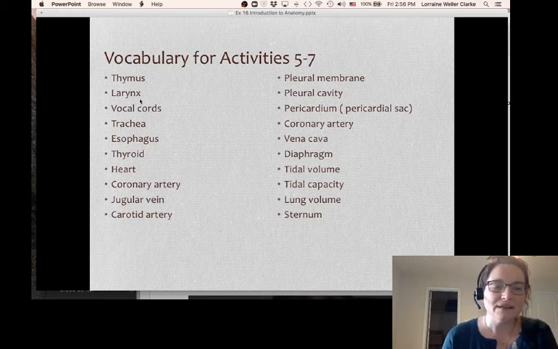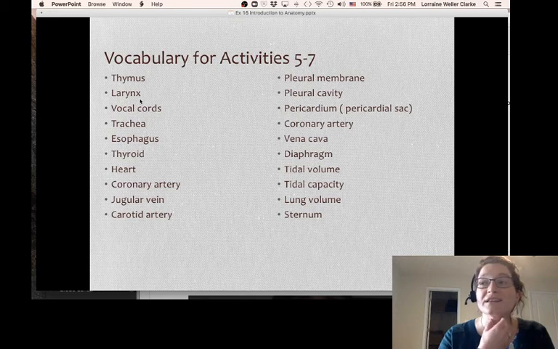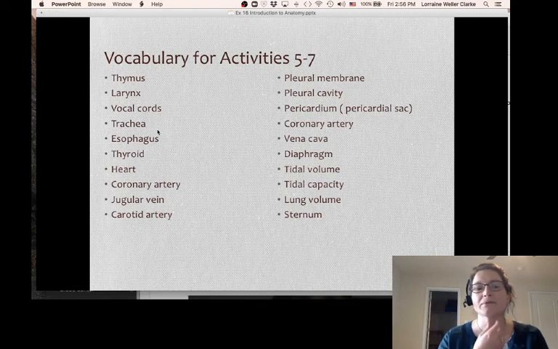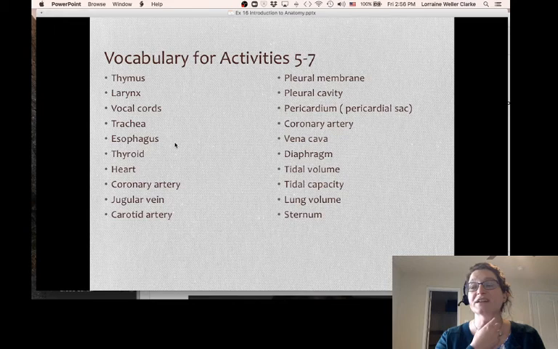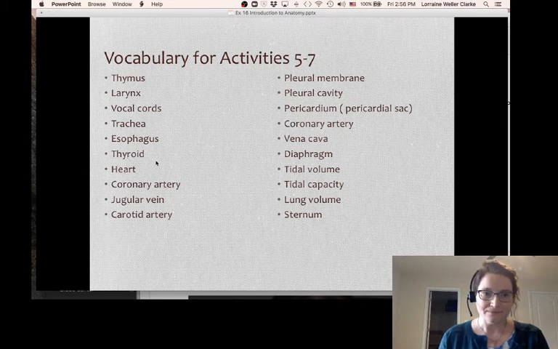The larynx, okay, that's your voice box. Vocal cords are the things that are vibrating in your voice box. The trachea, protecting your windpipe. The esophagus, that's part of your digestive tract that's in your throat. The thyroid does thyroid hormones, manages your metabolism.